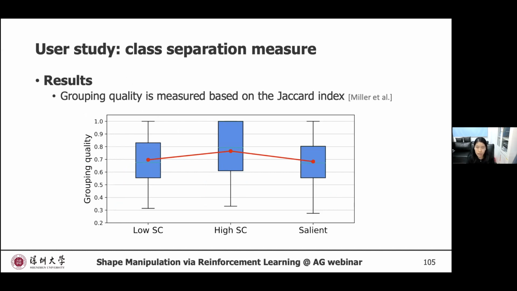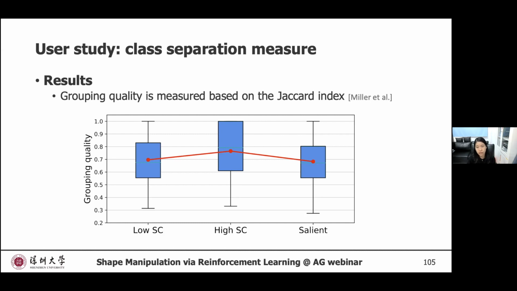The grouping quality is measured by comparing the user groupings and the ground truth groupings of those data. We can see that the ordering with high SC helps users achieve higher grouping quality, which means that the class separation measure we proposed is useful and stable.